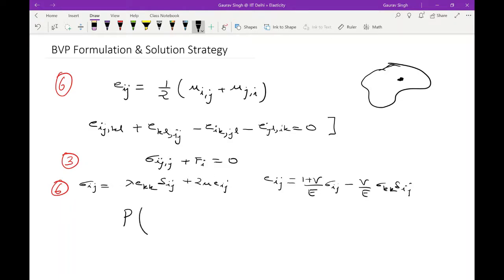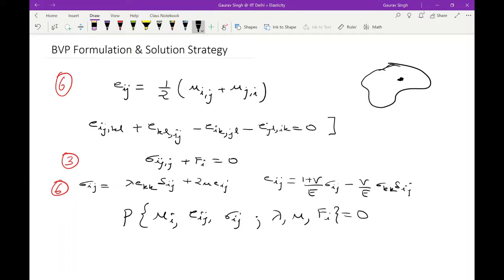The problem is to find the displacement, the strain, and the stress for given material properties lambda, mu, and the body force density.